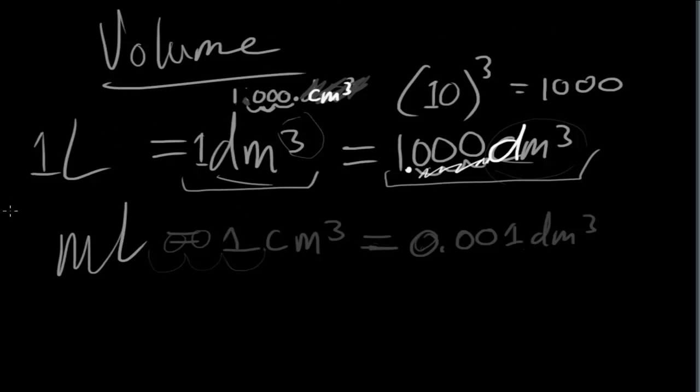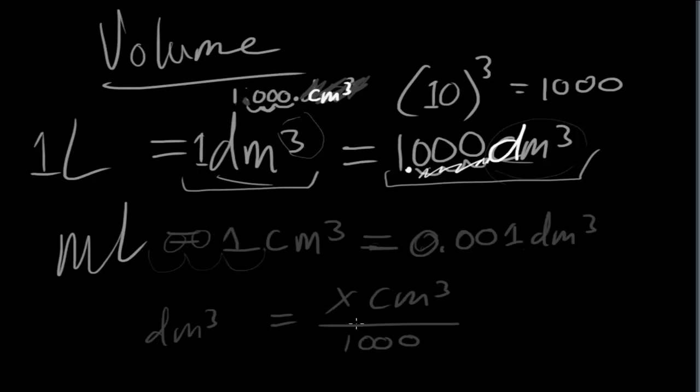And that's how you convert units to decimeters cubed. And a simple way to visualize converting centimeters cubed to decimeters cubed is to say that dm cubed equals cm cubed divided by 1000.